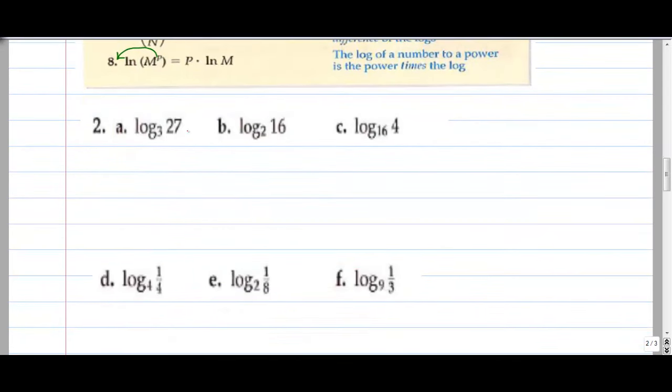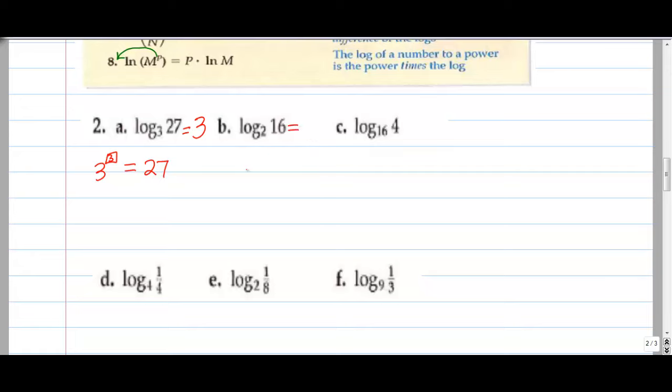So log base 3 of 27 equals something. You want to think 3 to the something equals 27. What is that? The answer here is 3 to the third, right? 3 to the third is 27. So the answer here is 3.